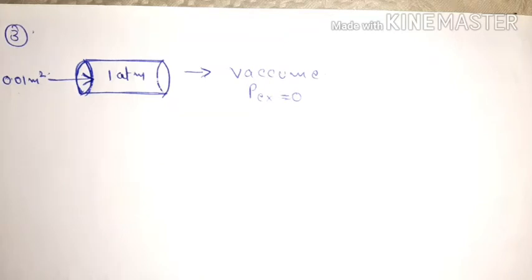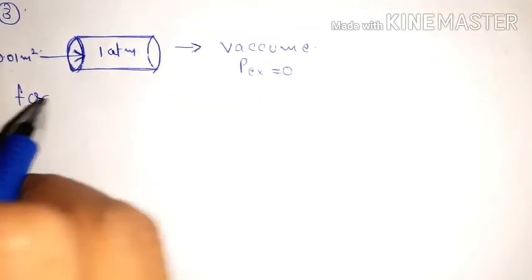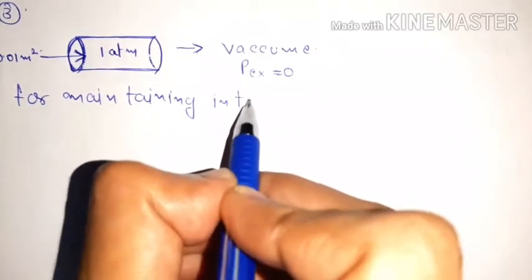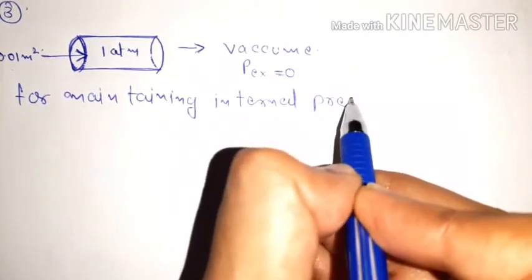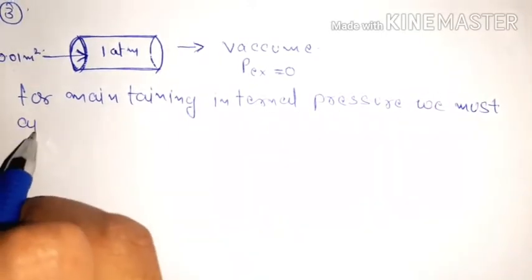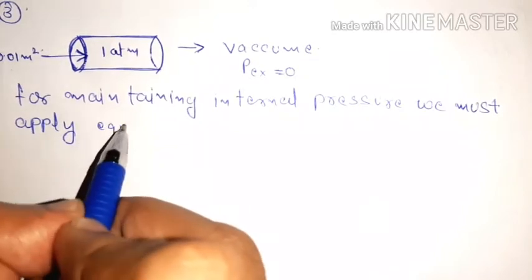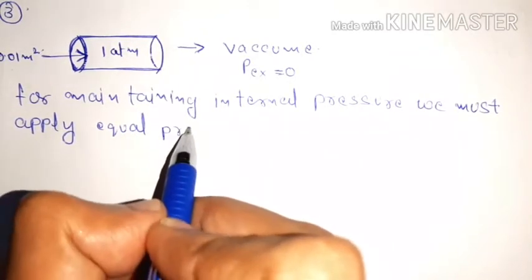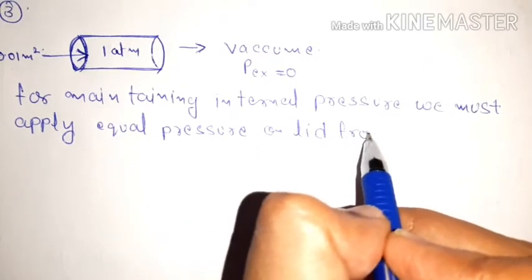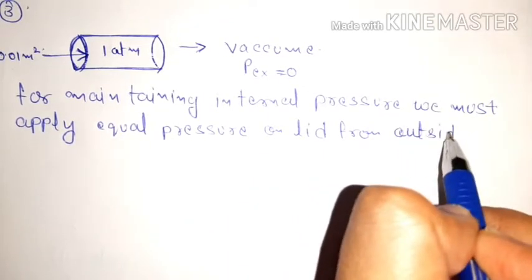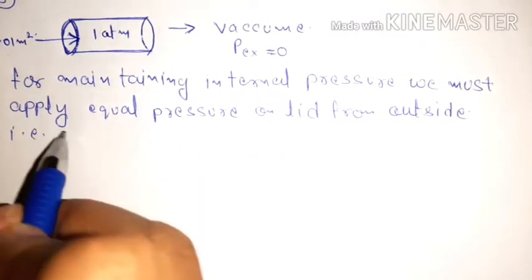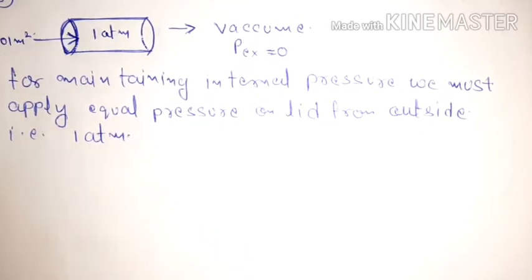So first of all we can write that for maintaining internal pressure, we must apply equal pressure on the lid from outside, and this outside pressure will be equal to your inside pressure. So that is 1 atmospheric pressure.